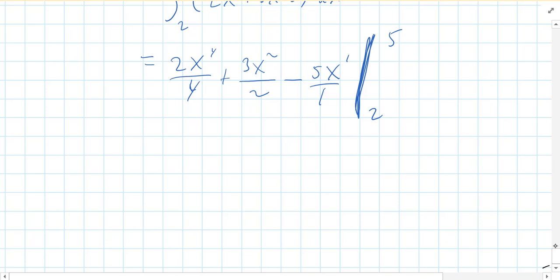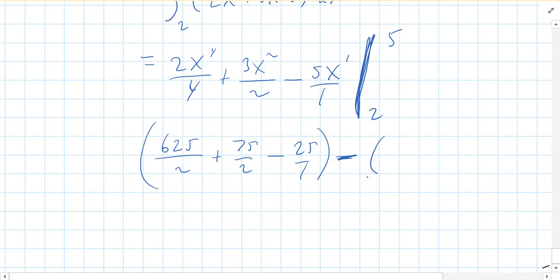All right, so let's try this out. 5 to the fourth is 125 times 5, 625. So we get 625 over 2, plus 3 times 5 squared, 25, so 75 over 2, minus 25 over 1. That's plugging the 5 in. Then minus, and we plug the 2 in. 2 to the fourth is 16.